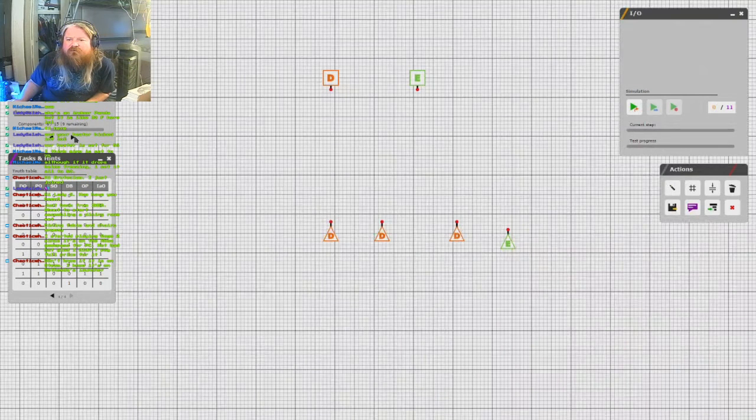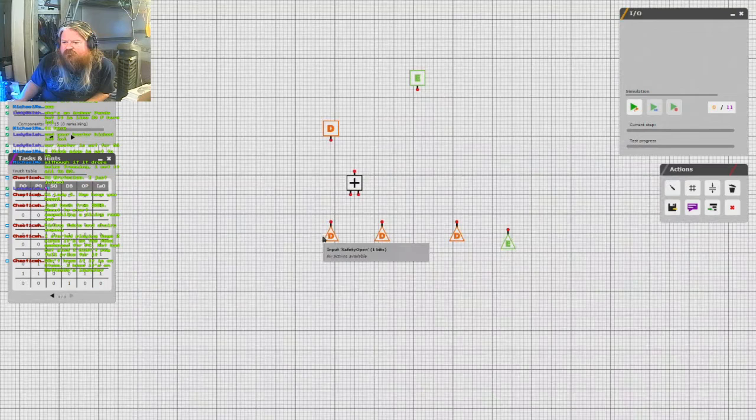We're going to need an OR gate here. Because I need... Okay, so safety open.